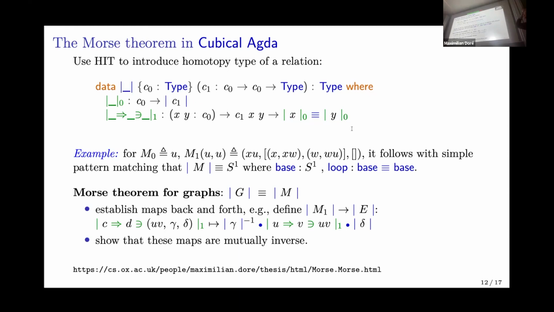You could imagine that if you had a 2-dimensional cubical complex, so if you had a 2-dimensional cell as well, then you would have a third constructor, which says, given some 2-dimensional cell, introduce a square between the 4 lines that you say are related by a square. So that's the idea behind this HIT.